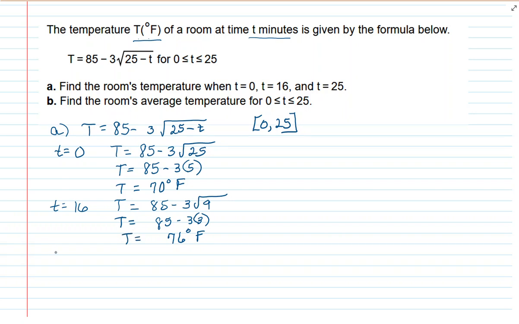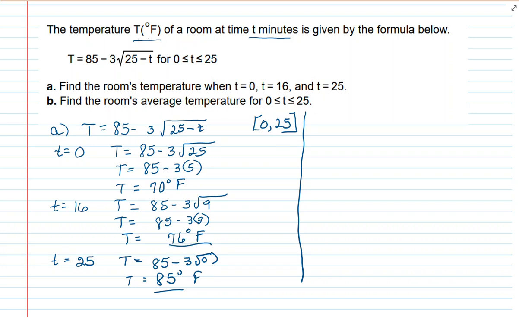Our last point, which is the end, the extreme, is the 25. So we get 85 degrees. So that takes care of that portion. So we have the 85 degrees Fahrenheit, 76, and we started at 70, a very comfortable temperature if it's hot outside. Find the room's average temperature for this point.